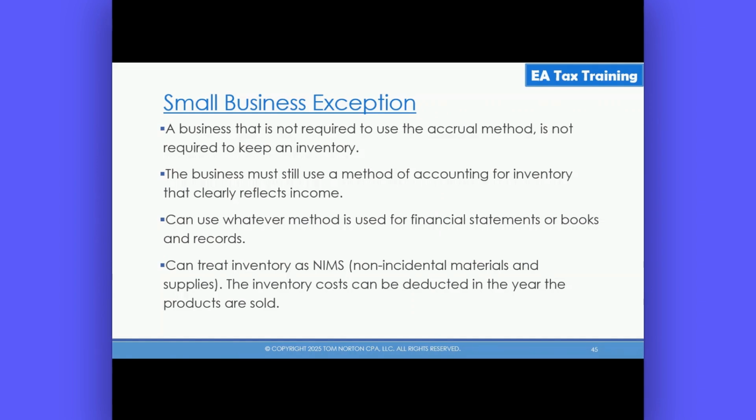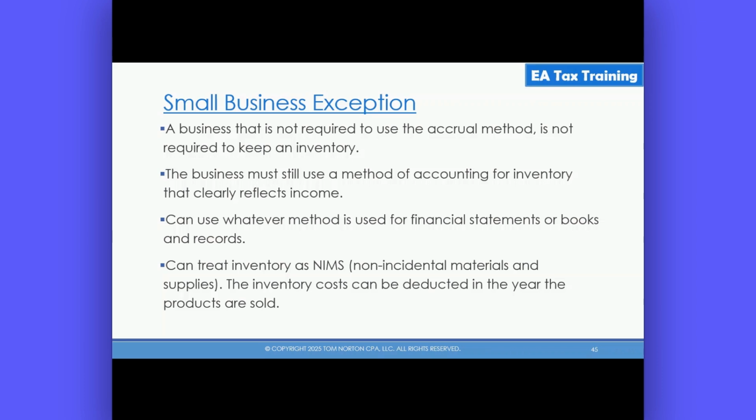They're saying if you are not required to use the accrual method, remember, the only ones required to use the accrual method are those very large businesses, tax shelters, etc. Anybody else does not have to follow all of these rules that we're going to talk about of the various types of inventory systems. That said, you still have to keep track of your inventory because you still have to use a method that clearly reflects income.